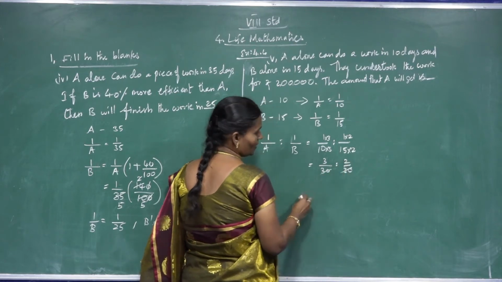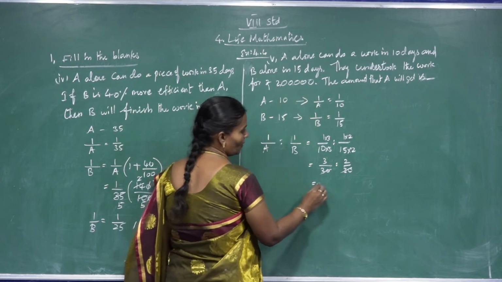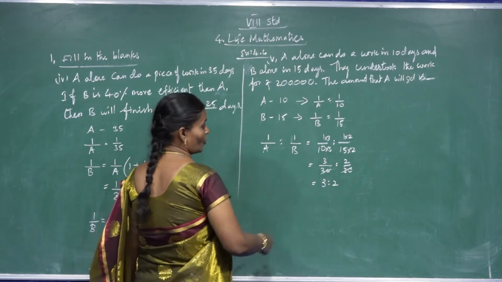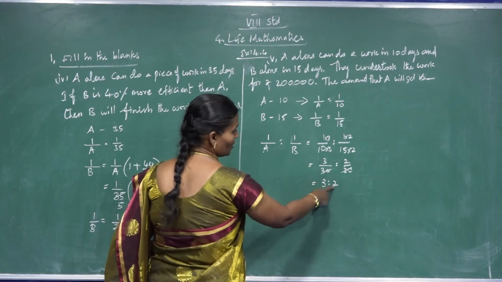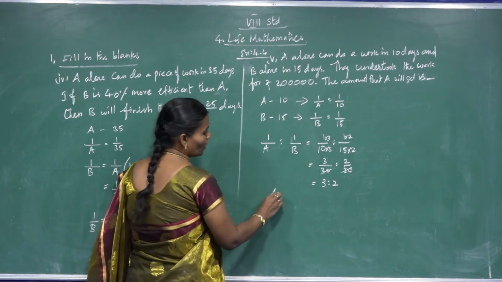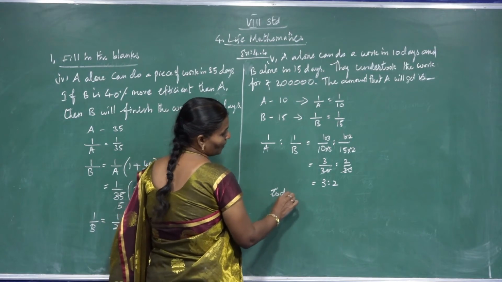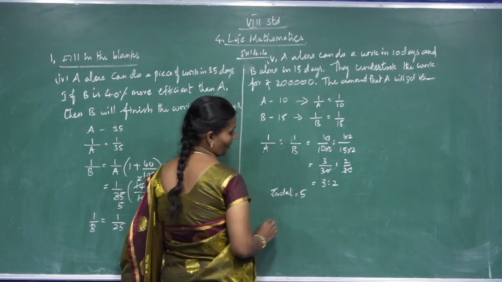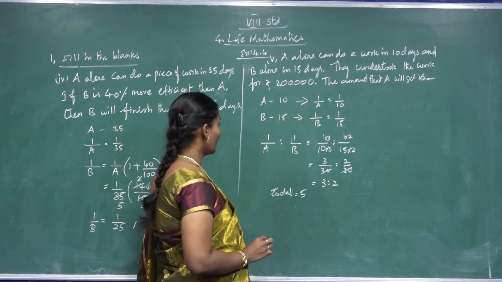This 30 cancels. So the ratio is 3 is to 2. A's ratio is 3 and B's is 2. So the total ratio is 3 plus 2 is 5.